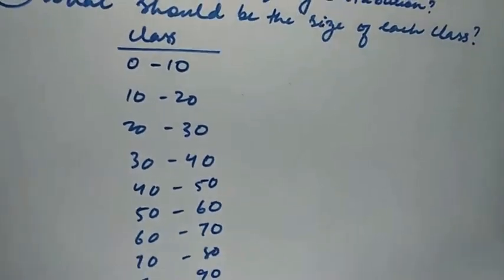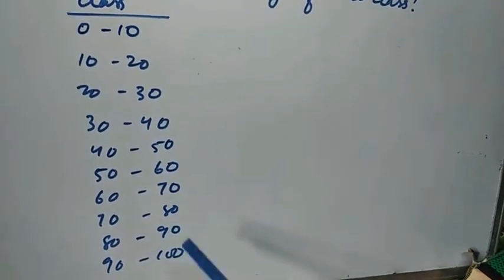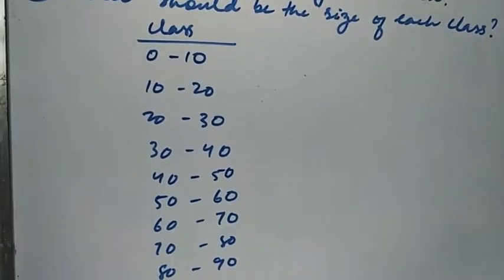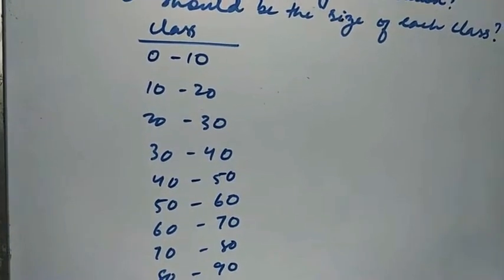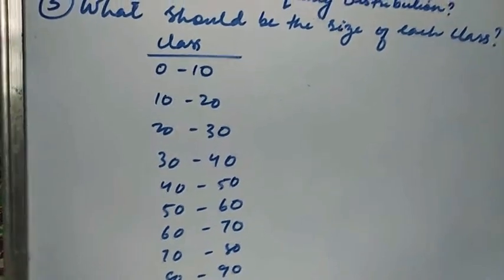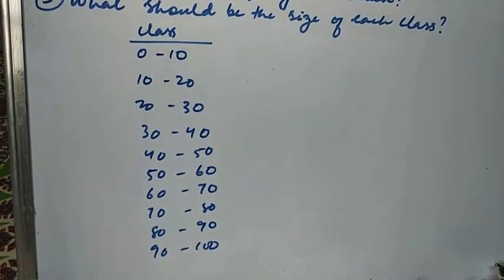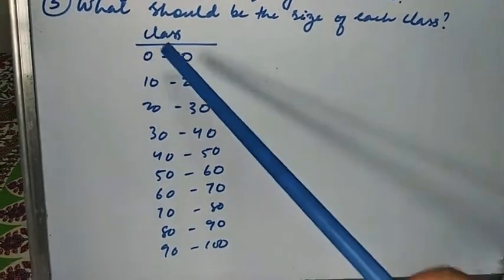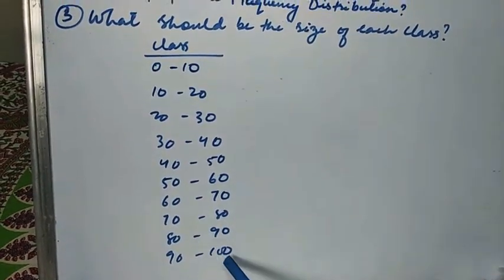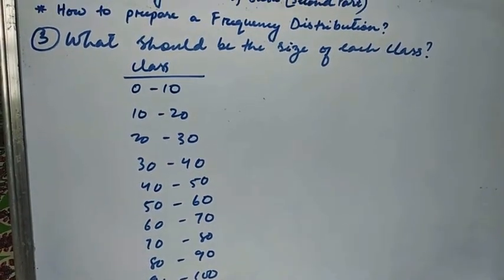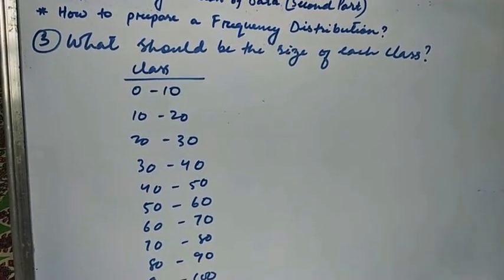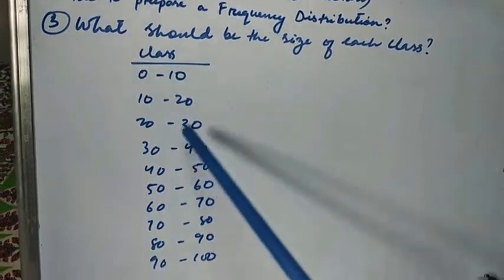So given the range, let us say 0 to 100, 100 is the range. Given this range of the variable, we can determine the number of classes once we decide the class intervals.